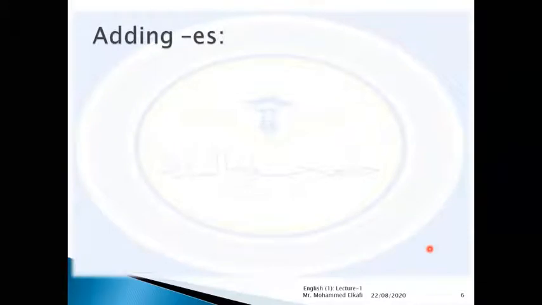So what about the rule of adding ES, as we saw in the previous example of does? Here, for the verb do, we add ES. So do became does when we use he or she and it.